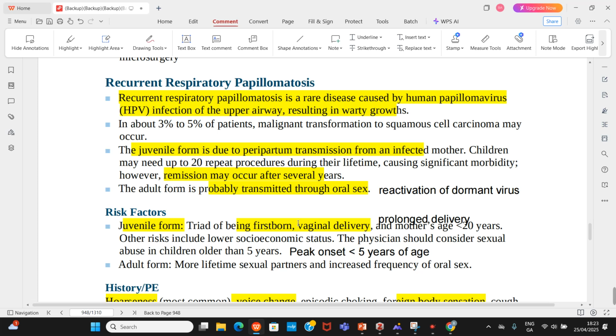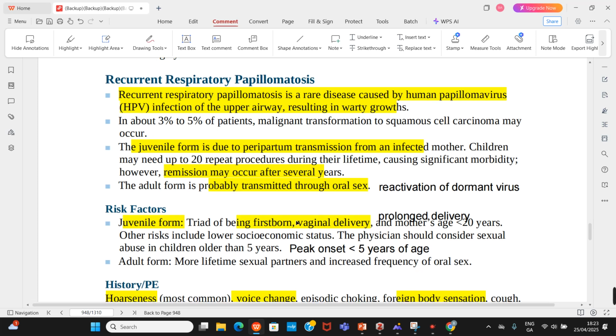It's very debilitating for the child because you might need to go into the throat up to 20 times to remove all those papillomas, because it's a warty growth in the airway. It's recurrent because as they are removing, it's growing back. That's for the juvenile form.